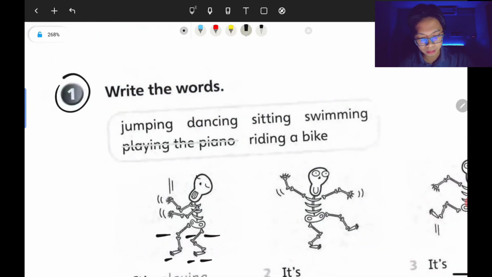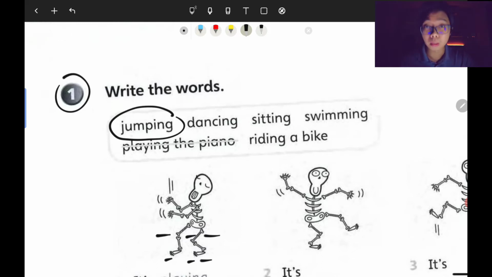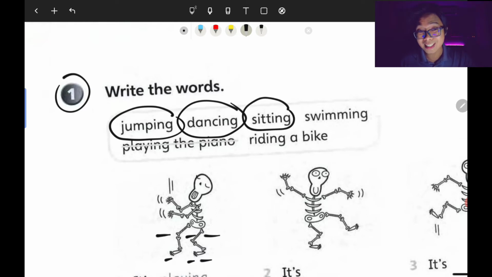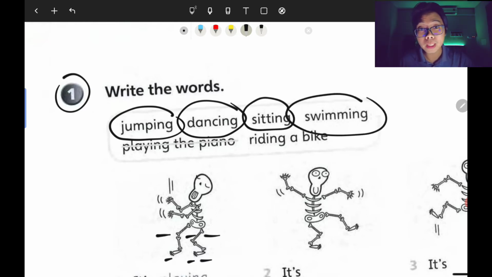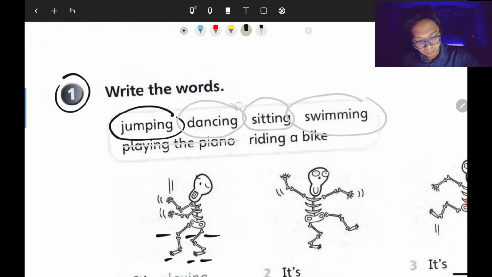Over here you can see the first action is jumping. Okay, melompat. Next one is dancing. Macam tadi ya, tu tengkorak menari. Next one is sitting, duduk. Next one is swimming. Okay, berenang. Okay, go to swim.